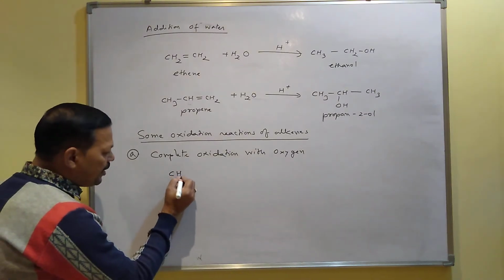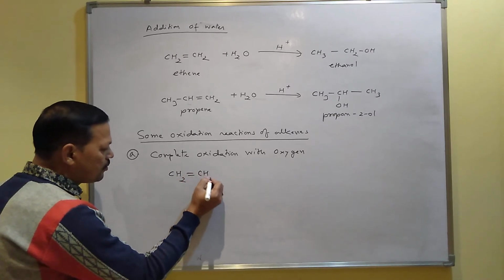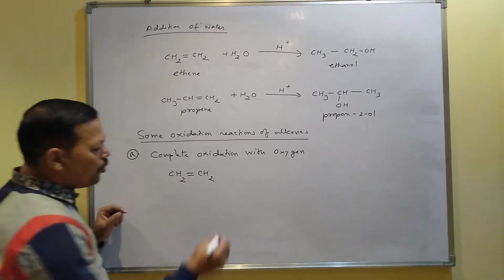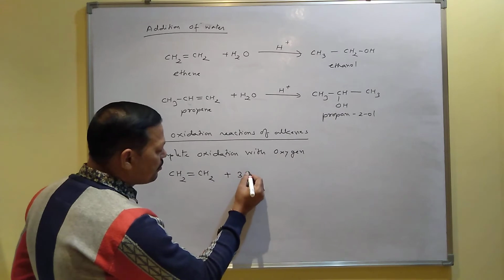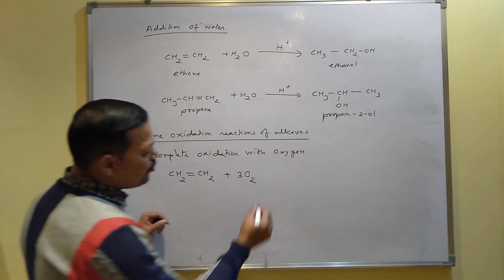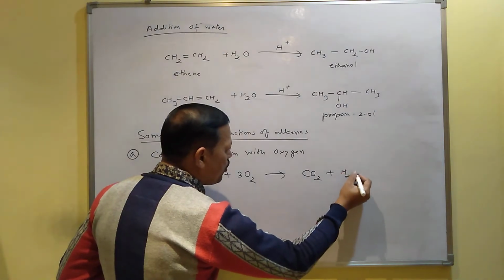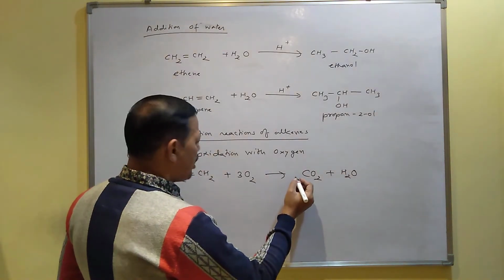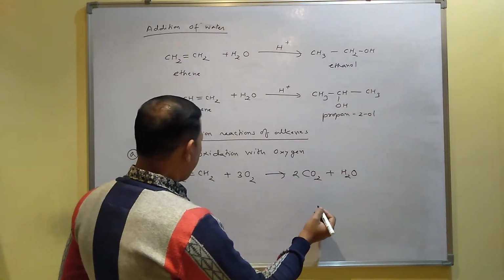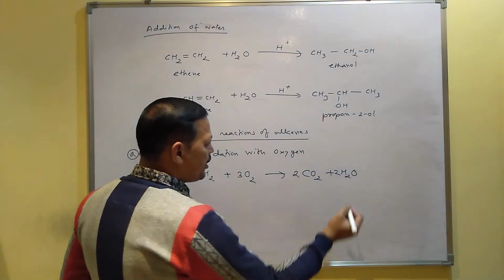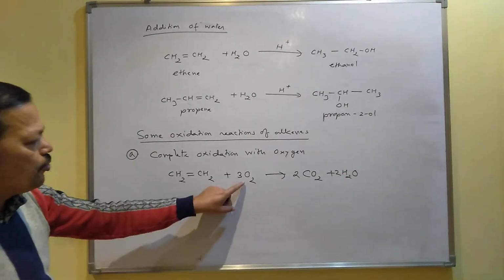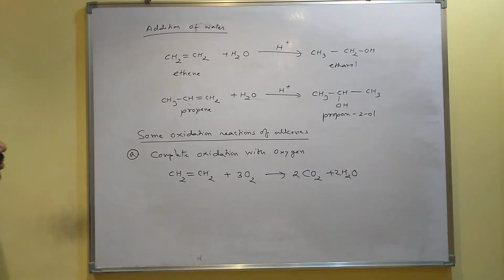Suppose this is alkene. When you burn it with oxygen, then it produces carbon dioxide and water. To balance it, you have to put 2 here and 2 here, and that is why I have put 3 here to balance the reaction.